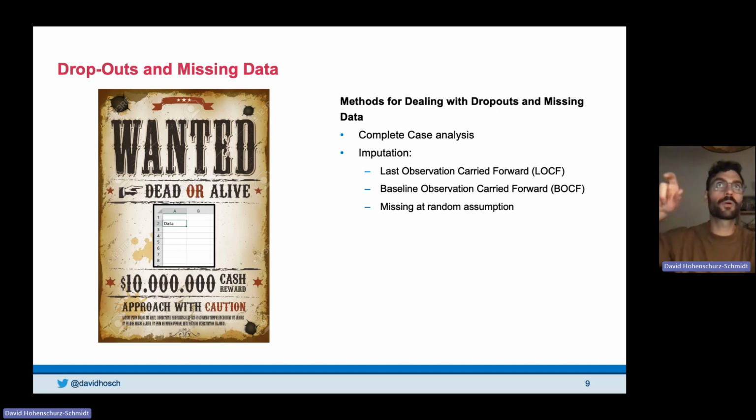You could do the same, but not with the last observation, but with what they had at baseline. Different assumption again. Completely takes out anything that happened during the treatment period. Or you could say, well, best thing we can do at this point is to assume that data are missing at random and you replace them with random values from within the data set. So logical values, but randomly selected.